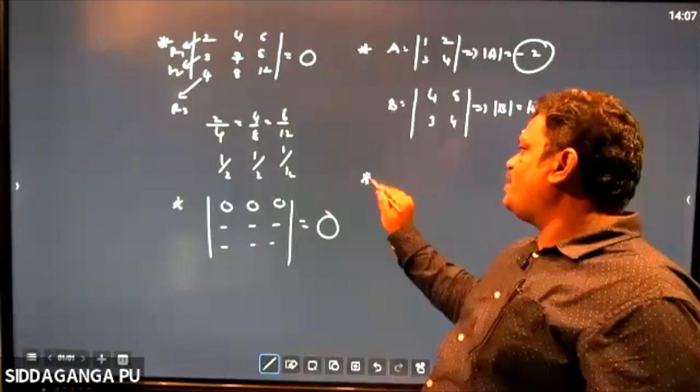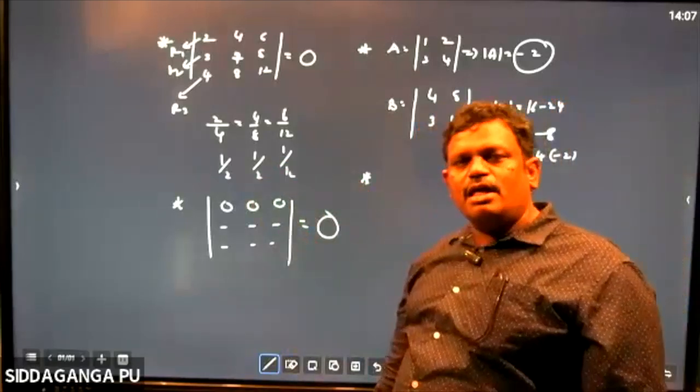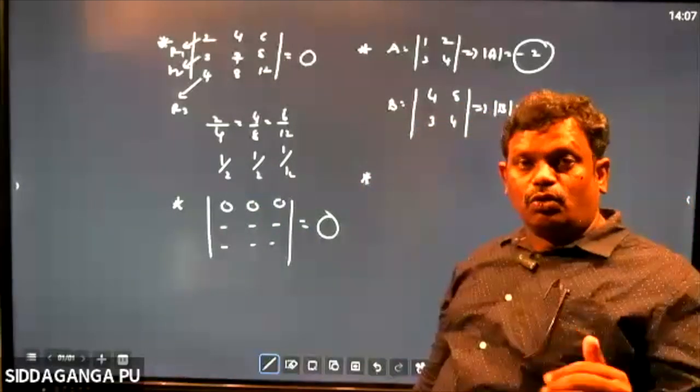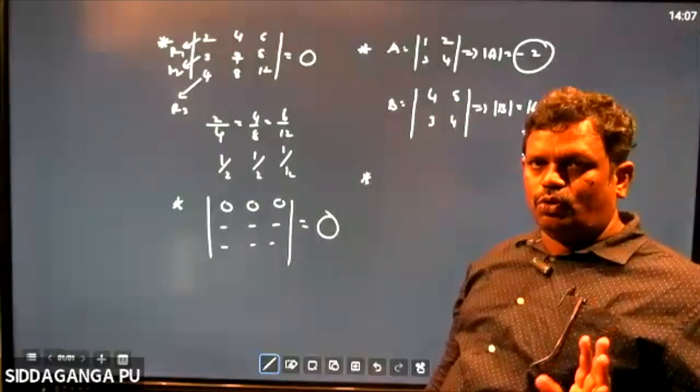Next, earlier I told you one property: in any determinant, if any row or column elements are multiplied with the corresponding cofactors of another row, then the determinant value equals 0.